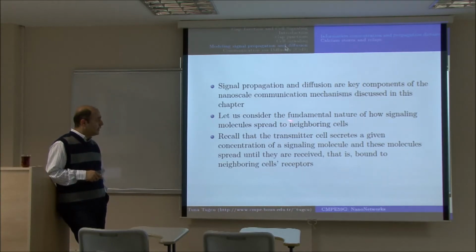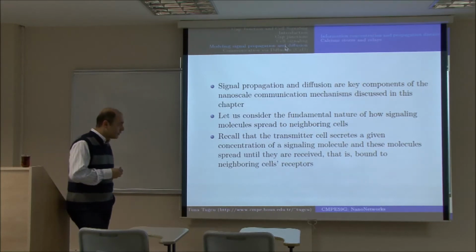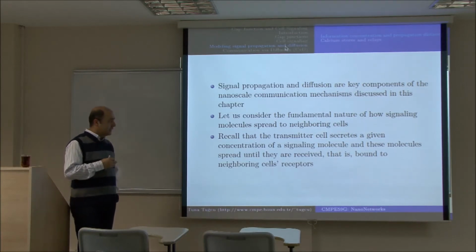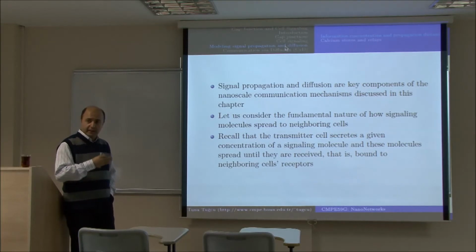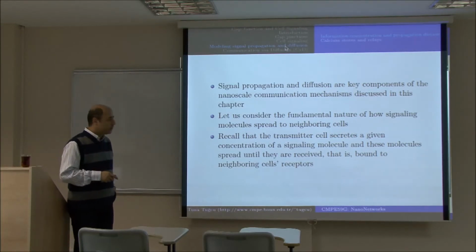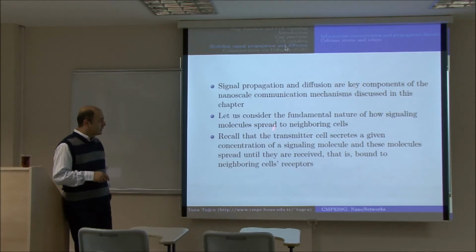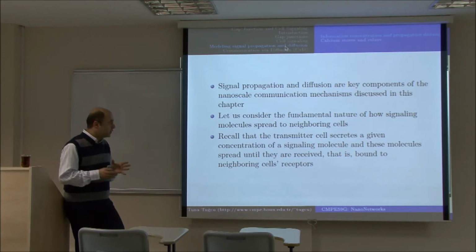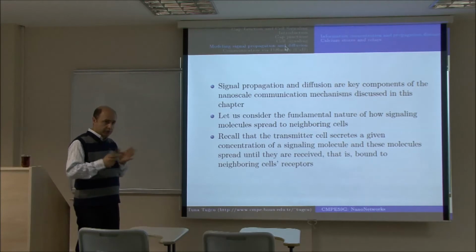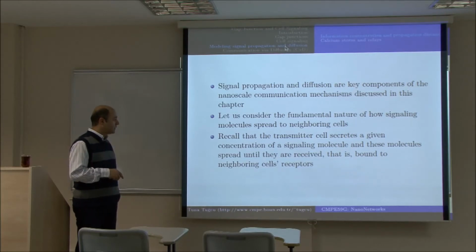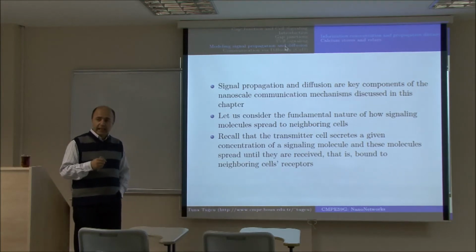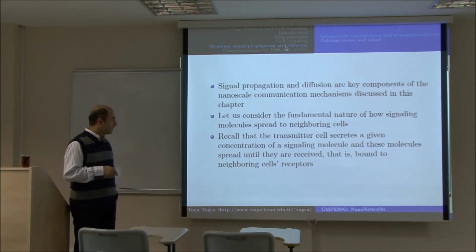If you look at the fundamental nature of how signals implemented with the transmission of molecules are spread among a collection of cells for communication in between, we should first keep in mind that the transmitter cell is actually secreting some molecules into the environment, creating a higher concentration of those molecules in the environment, and these molecules will typically be spread until they're received at the receiver, and then the receiver will try to understand what the transmitted signal was.